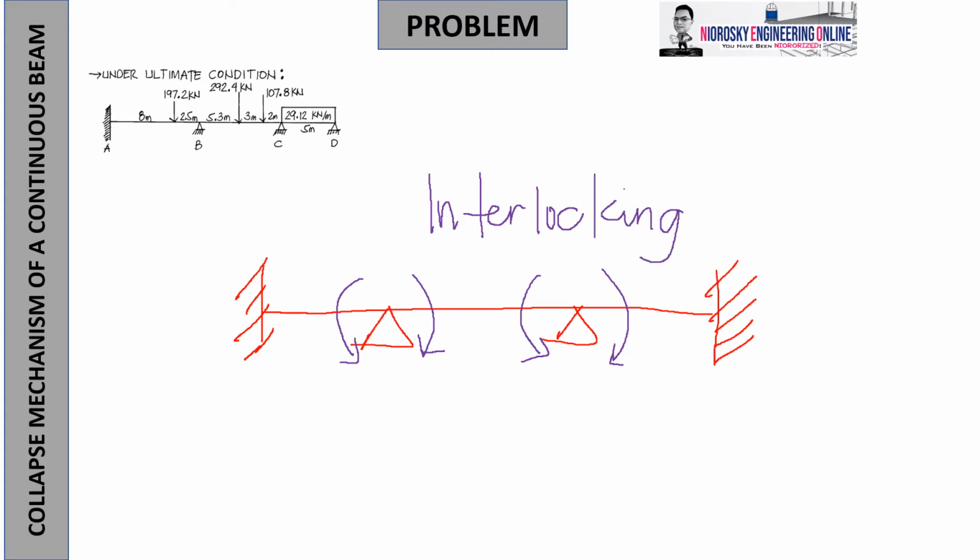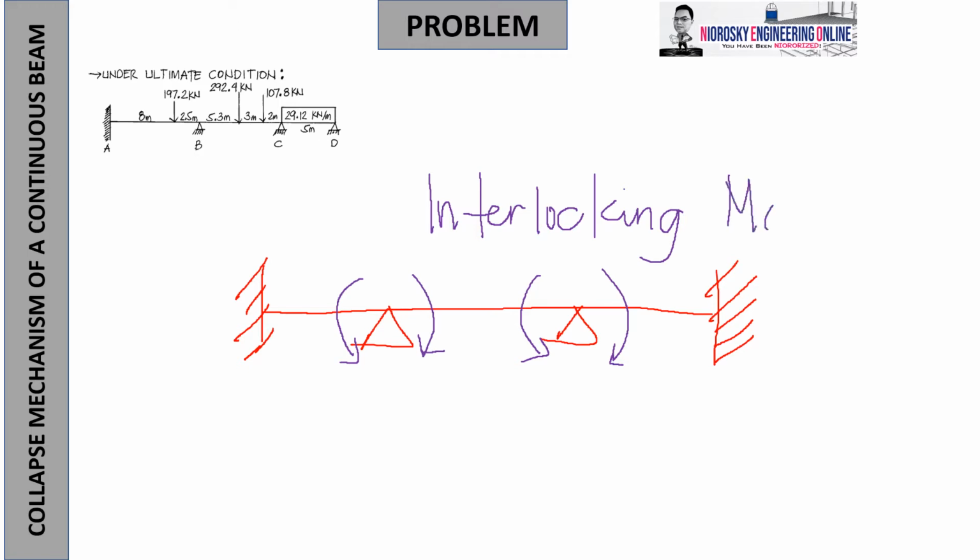There is a video where I explain these interlocking moments in my playlist. Can you check my playlist for a while? So I will assume that you are already aware. If not, please visit my playlist under theory of structures, and then select any method discussing continuous beams. It's either the three-moment equation, slope deflection method, method of consistent deformation, or moment distribution.